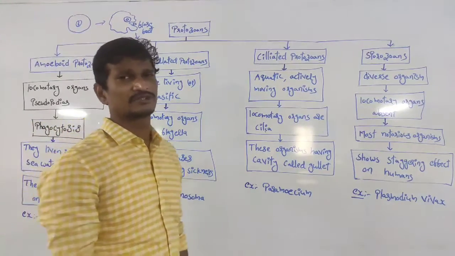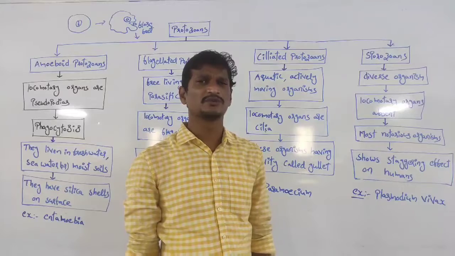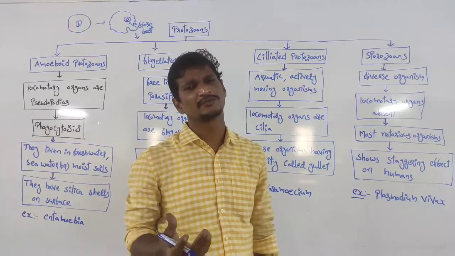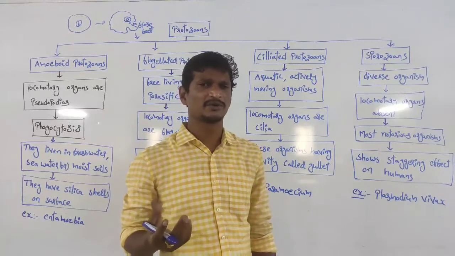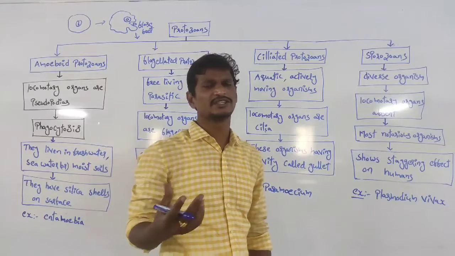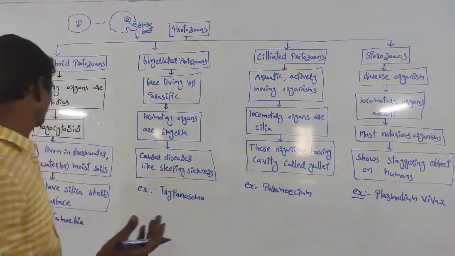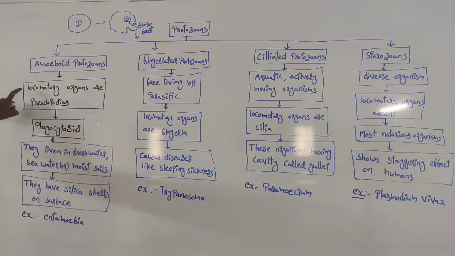We know phagocytosis means engulfment of solid food material. The food material is broken down and produces energy. That energy is utilized by the organism. Right. So here the locomotory organs are pseudopodia, and phagocytosis takes place.